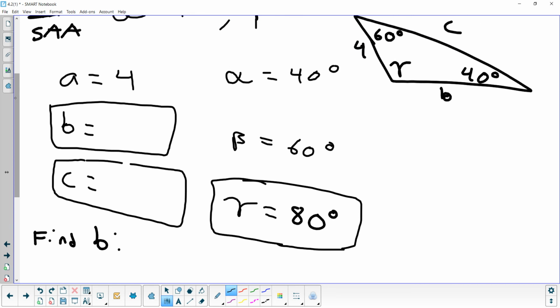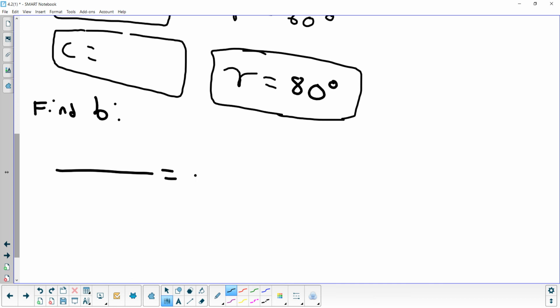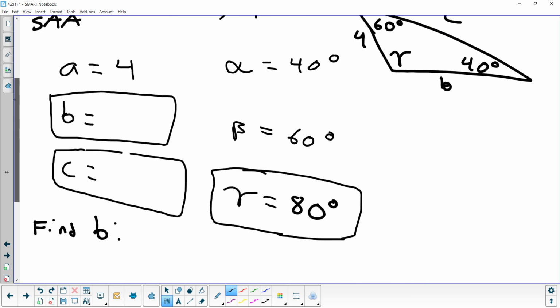So, anytime we want to set up a law of sines problem, I always go like this, because you know you're going to set up two fractions. You always want to pick a row that has everything in it. Which row has everything in it here? Row A, B, or C?